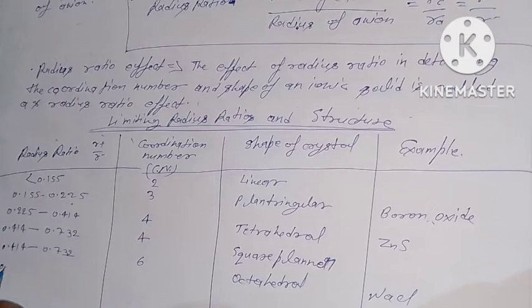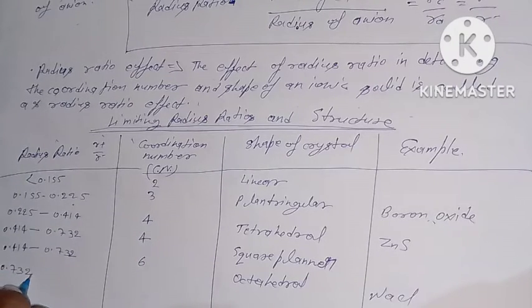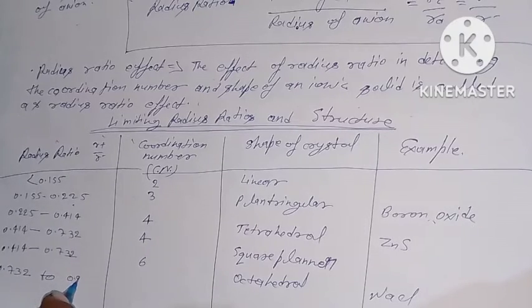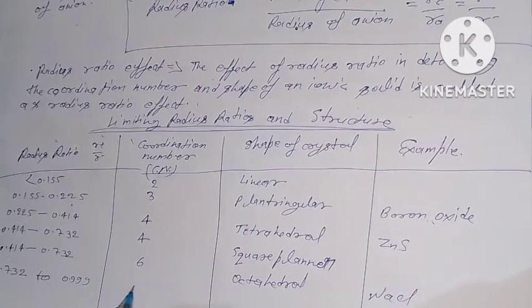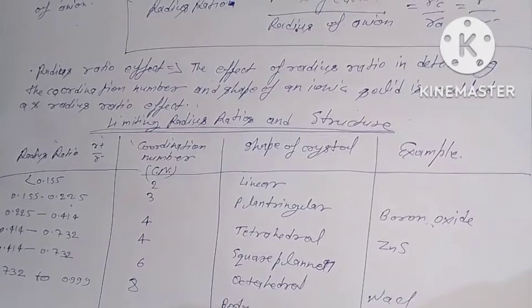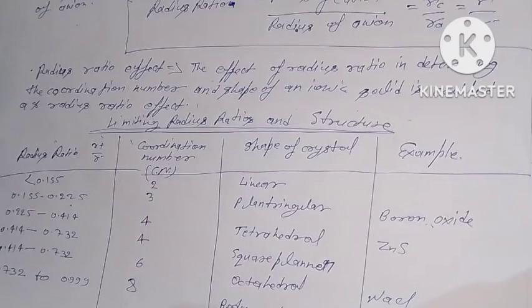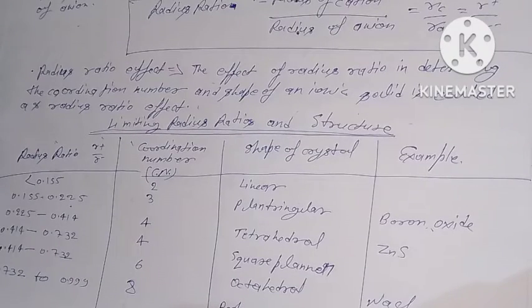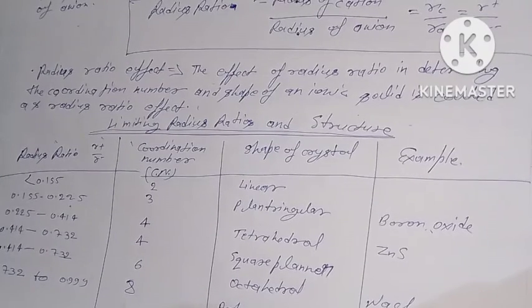Next is 0.732 to 0.999. Coordination number 8, and shape of crystal body-centered cubic, and structure CsCl.